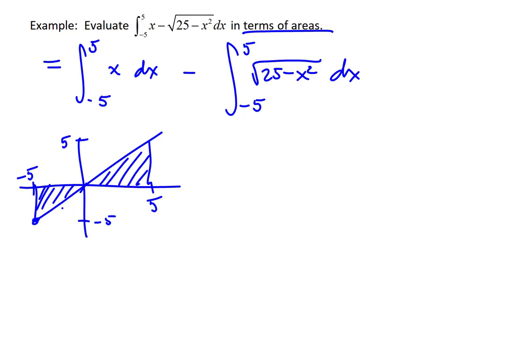Now observe that these two triangles, the area of which we would be interested in finding for the sake of this definite integral, are symmetrical triangles, but one of them is above the x-axis and one of them is below the x-axis. Which means to the left of the y-axis, this value would actually turn out negative, and to the right of the y-axis, that area value would turn out positive. And notice what happens.